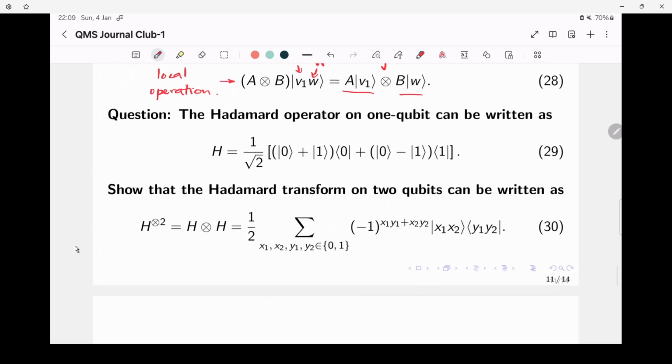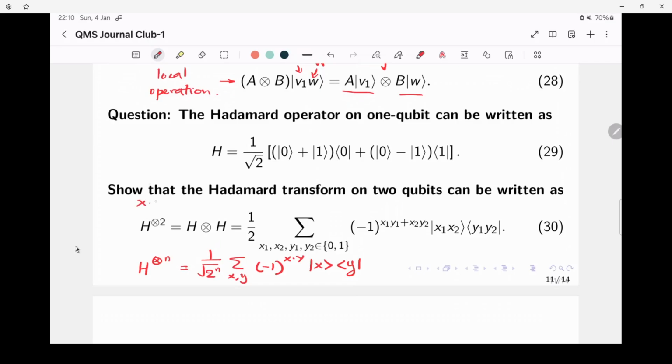So the general equation for this, which is given by Nielsen and Chuang, is basically this: x, y, and then minus 1 to the x dot y, x, y. He did not mention what is meant by x dot y.